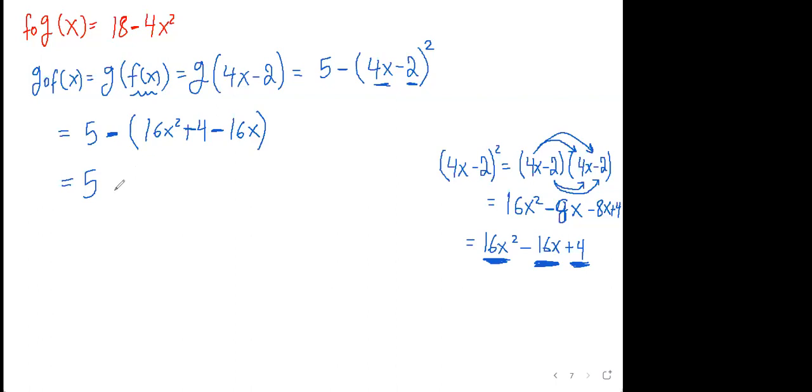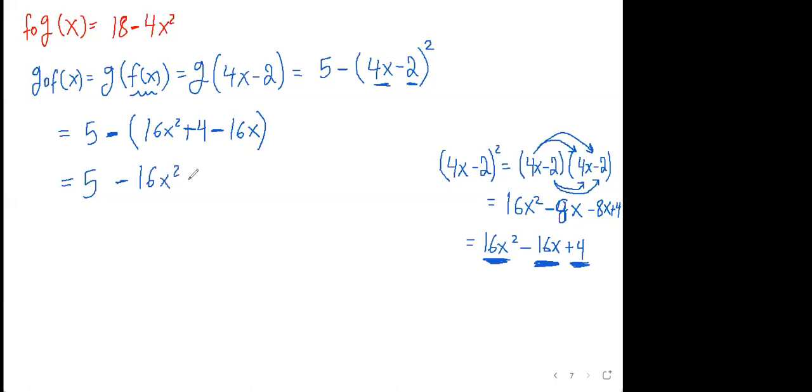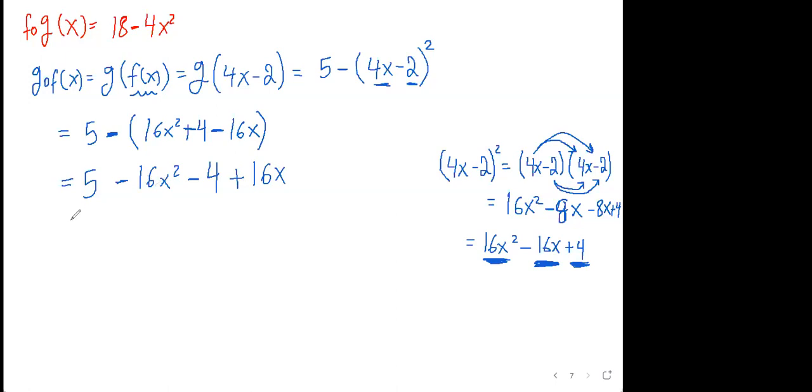It's going to be negative. Go ahead. All right, so 5 minus 16x squared, minus 4, plus 16x. So we get minus 16x squared.